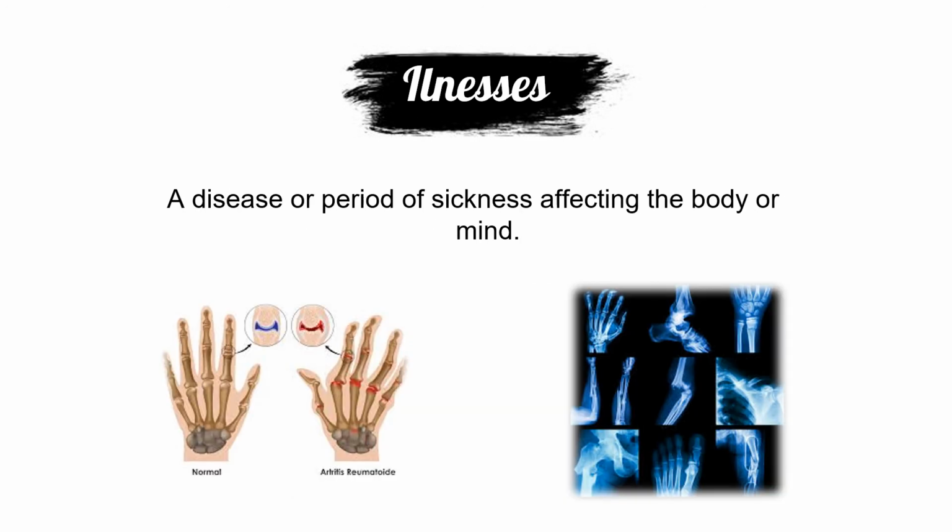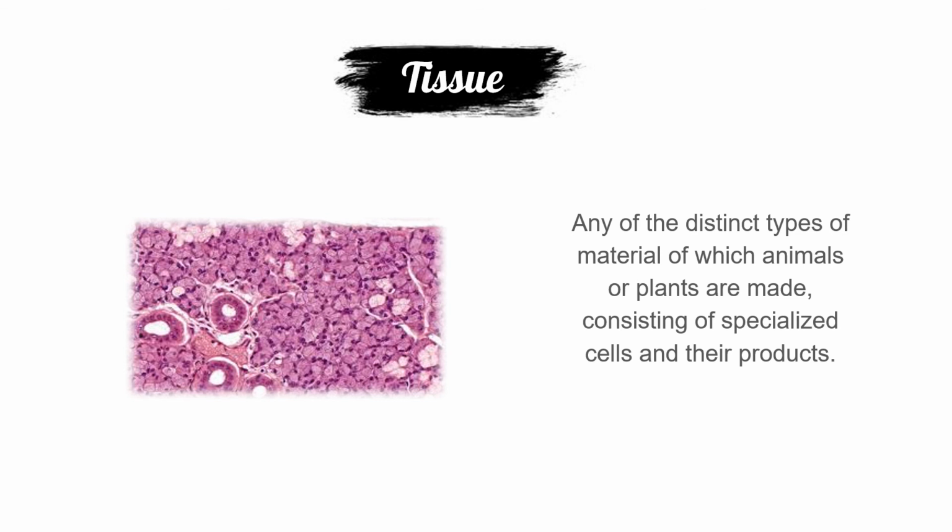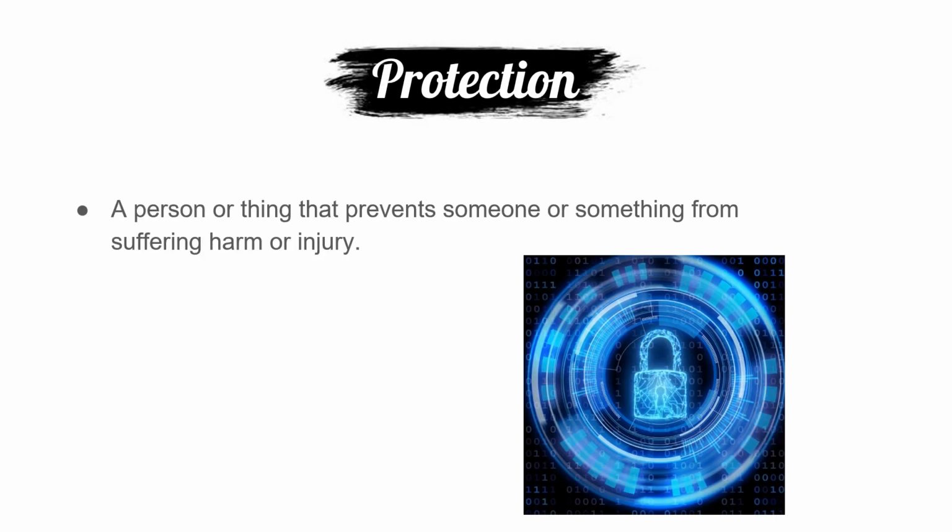A disease or period of sickness affecting the body. The arrangement of or relation between the parts or elements of something complex. Any of the distinct types of material of which animals or plants are made, consisting of specialized cells and their products. A person or thing that prevents someone or something from suffering harm or injury.